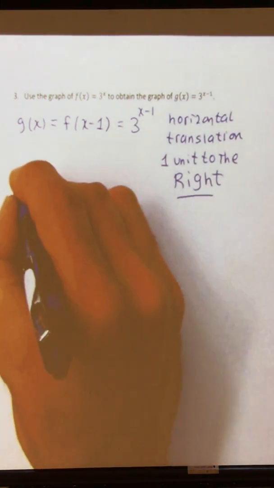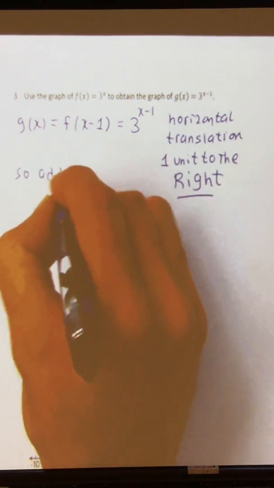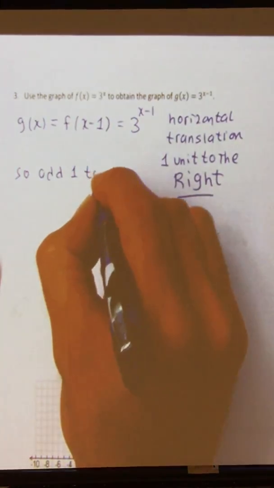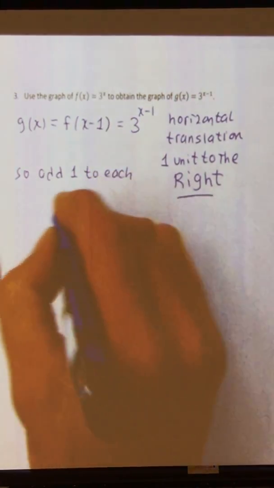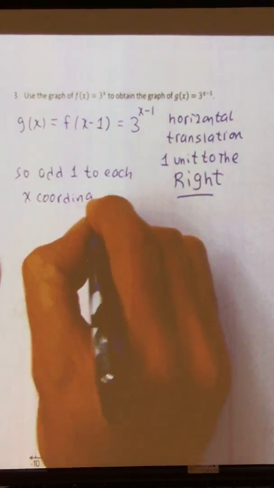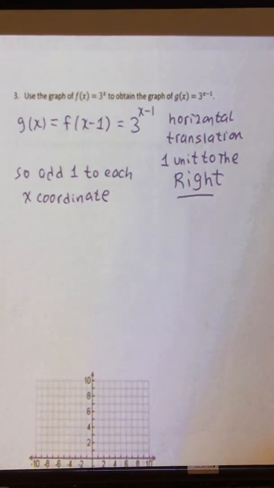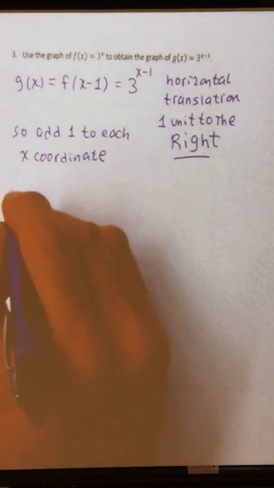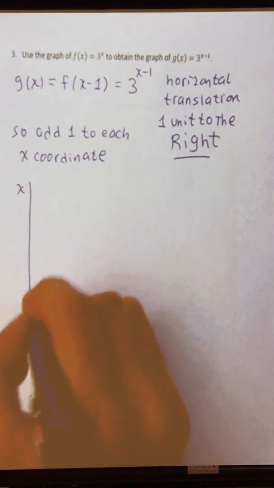So what we'll do is we'll add 1 to each x coordinate. We'll get the ordered pairs here for f of x.